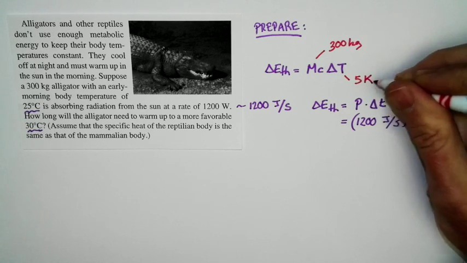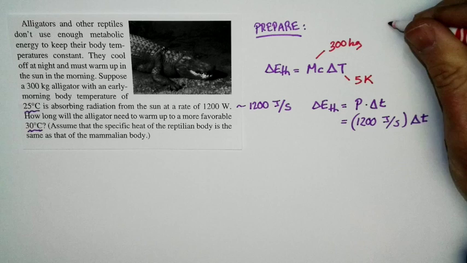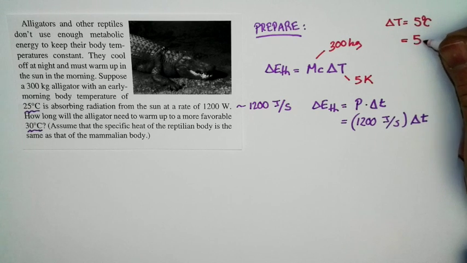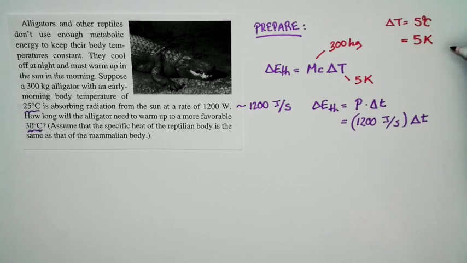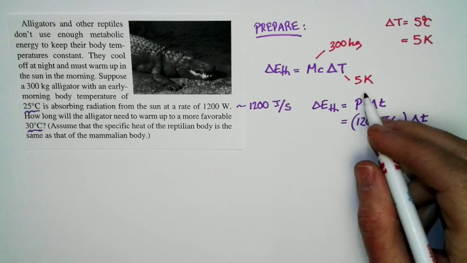That's 5 Kelvin, because if I take a difference in temperature, delta T, that's 5 degrees Celsius, but it's also 5 Kelvin. Since it's a difference, the scale factor between Celsius and Kelvin cancels out. So we have a 5 Kelvin change in temperature.